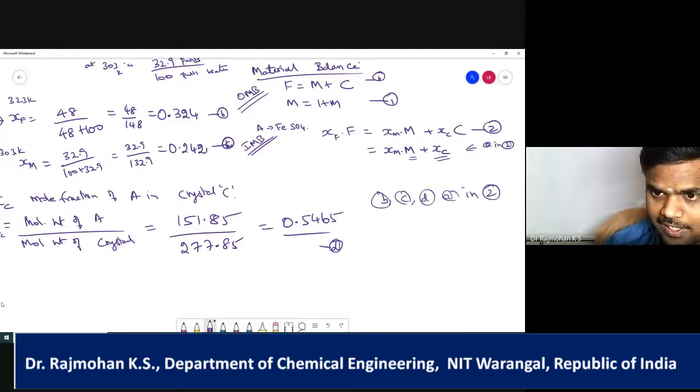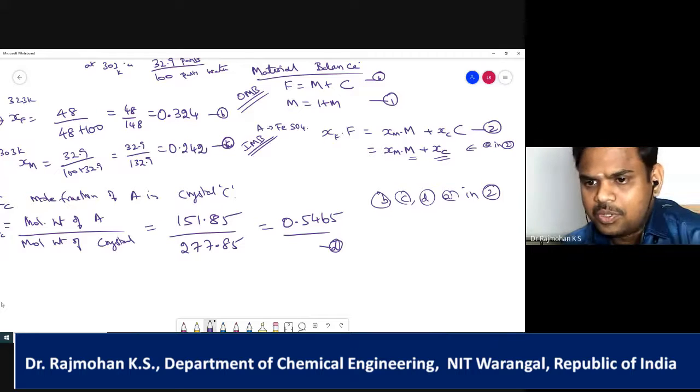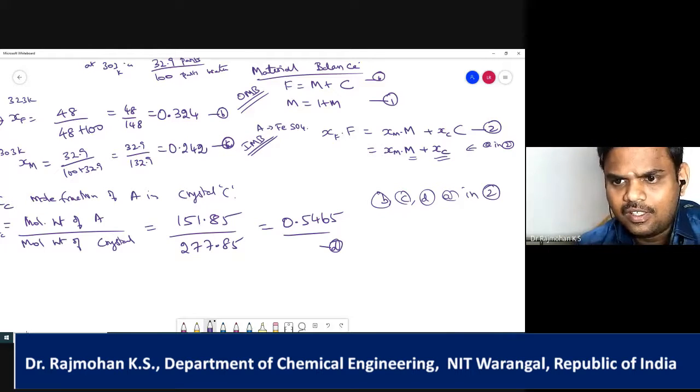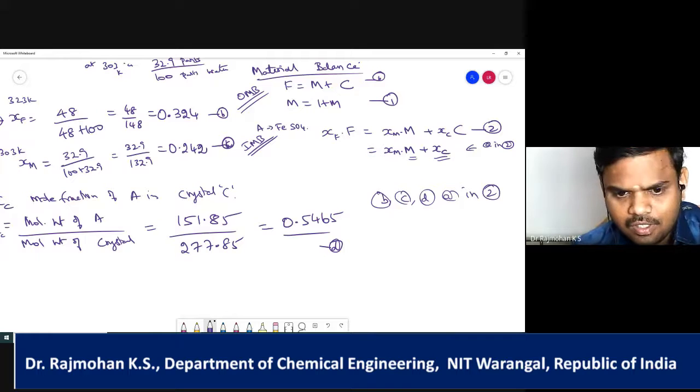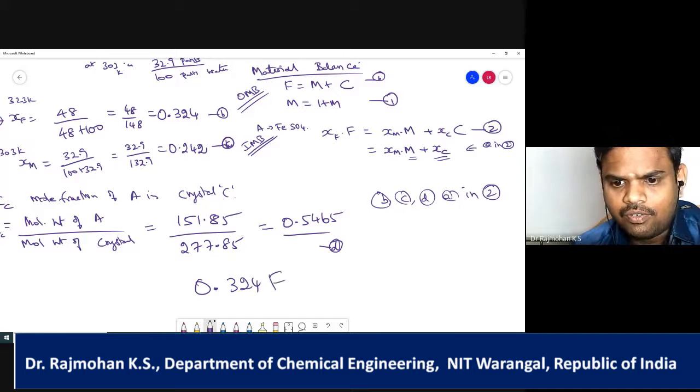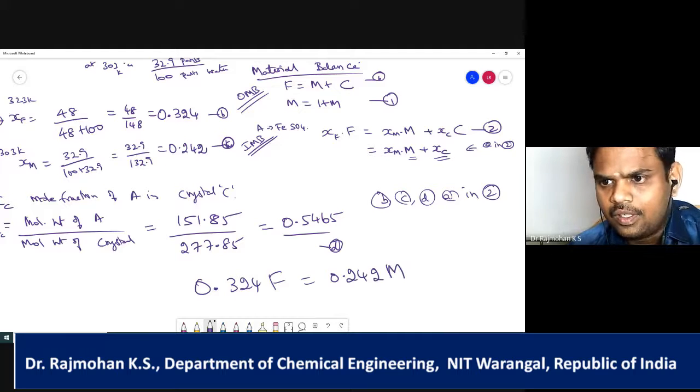So substituting the values, what you get is Xf value 0.324 into F is equal to 0.242 into M plus Xc value 0.5465 into 1, right?